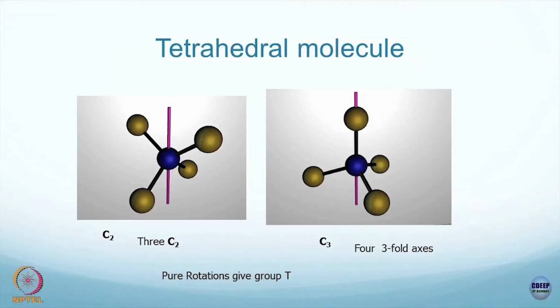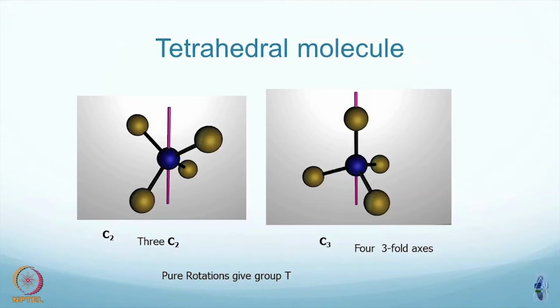In fact, they have these kinds of animations where you can see the axes of symmetry and planes of symmetry of the molecules. If you take the methane molecule, with the 4 hydrogens and the center blue one is the carbon, these are the C2 axis rotations, and there are 3 C2 axes, and there are 4 3-fold axes. Each 3-fold axis goes between one hydrogen and the carbon, along a CH bond.